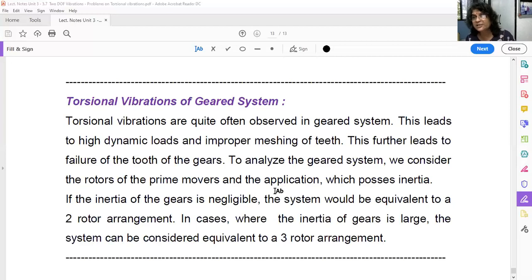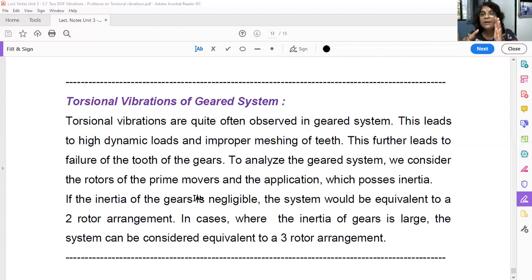So both possess inertia. This is a 2 rotor system. One is a motor, one is a compressor, suppose. If these two are connected with the help of a geared system to reduce the speed, and you consider the inertia of both gears, then it will become a 3 rotor system, rotor 1, rotor 2 and rotor 3, which will be equivalent to the geared system.